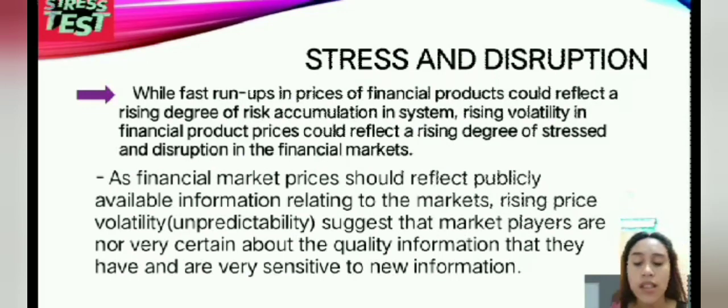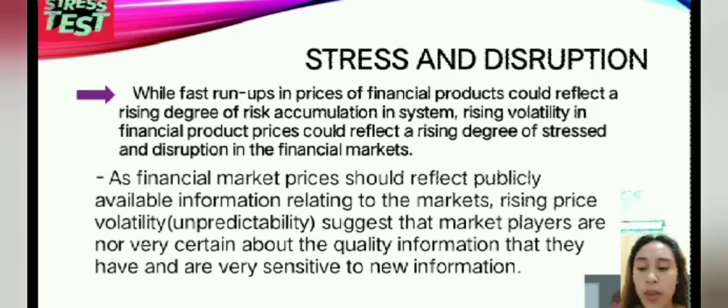Stress and disruption. While fast run-ups in prices of financial products could reflect a rising degree of risk accumulation in the system, rising volatility in financial product prices could reflect a rising degree of stress and disruption in financial markets.